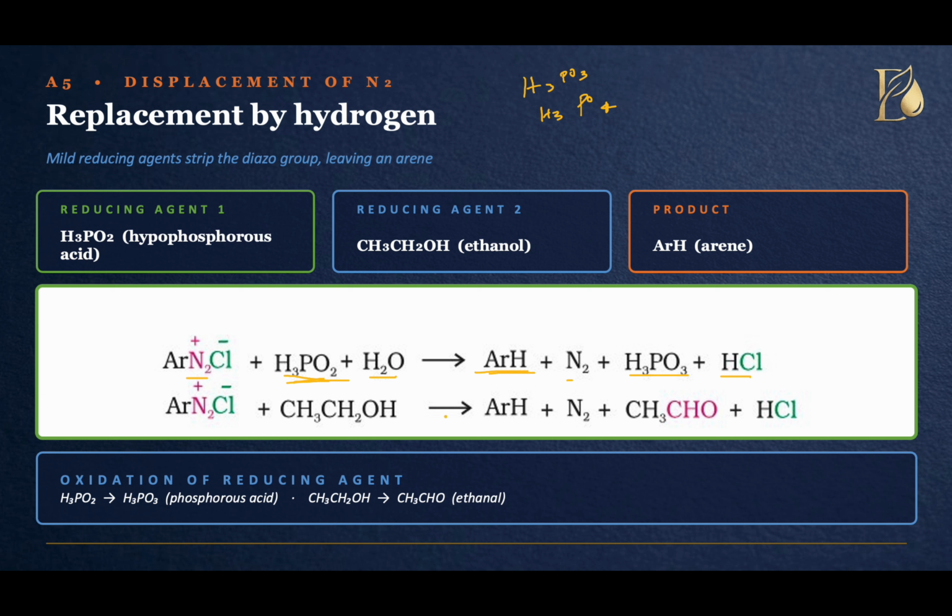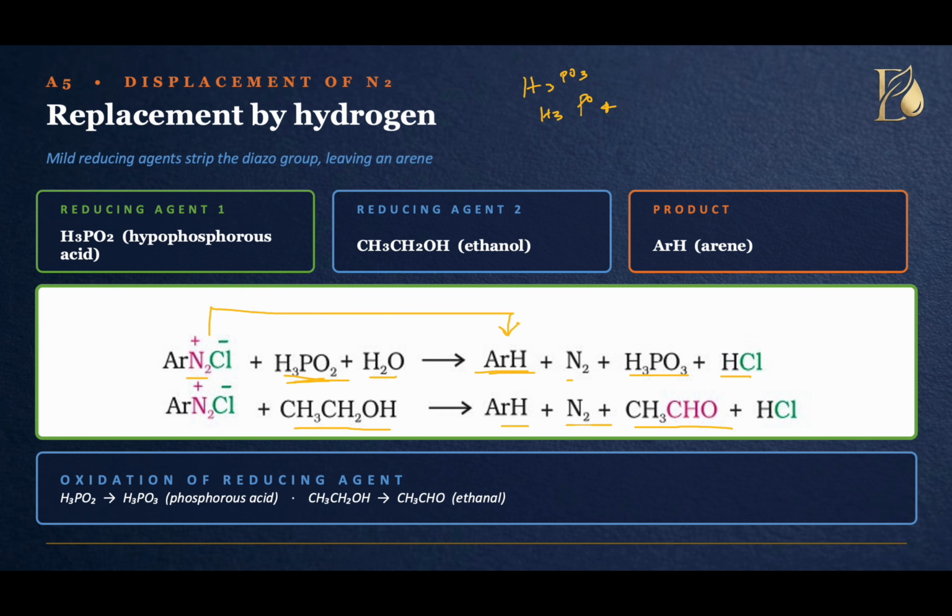We can do this reaction using another reagent, which is ethanol. Treating with ethanol, we introduce a hydrogen atom to the aromatic compound, and along with that we get N2 and CH3CHO.